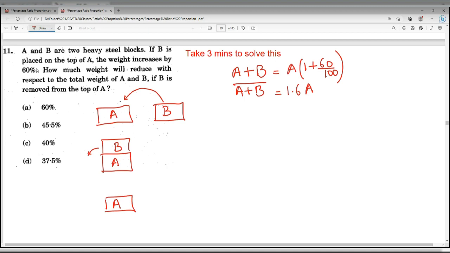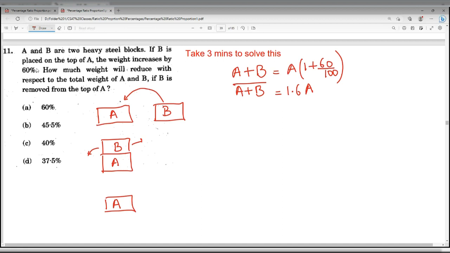And then they are saying how much weight will reduce with respect to the total weight of A and B if B is removed from the top of A. If B is removed, we need to calculate how much the reduction is with respect to the total weight of A and B. What is the reduction? The reduction would be the weight of B itself.